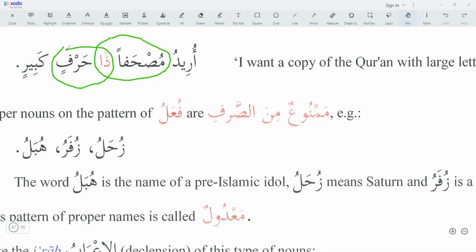Za is mudaf and harfin is mudaf ilayhi. And harfin kabirin is naat and manut. Because we have learned that zu is mudaf and the noun that comes after zu is mudaf ilayhi.